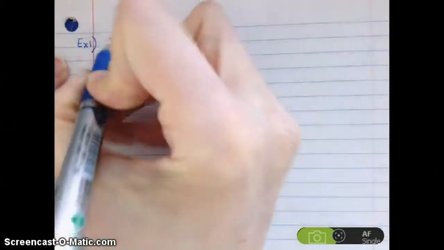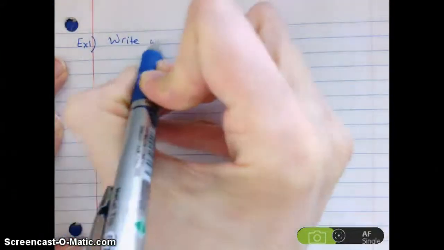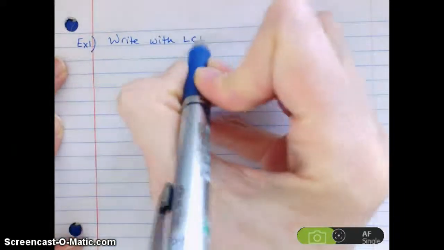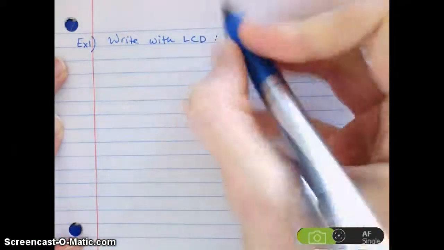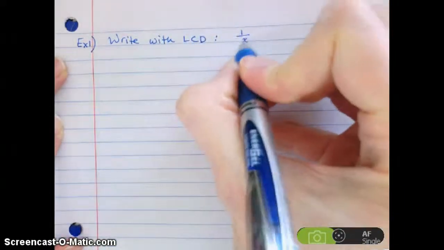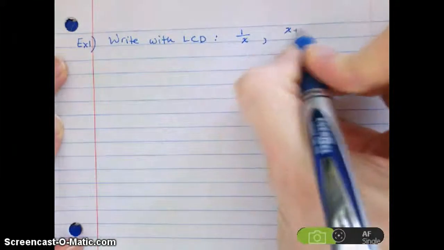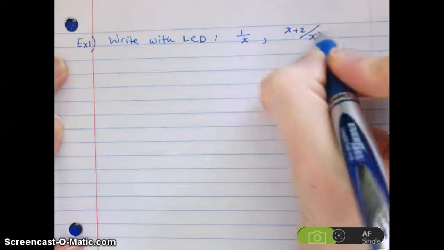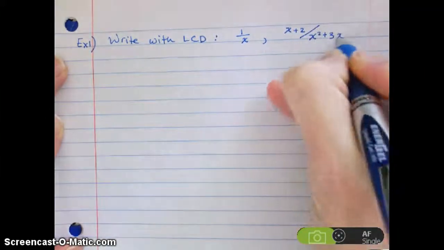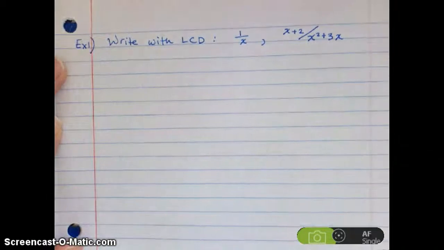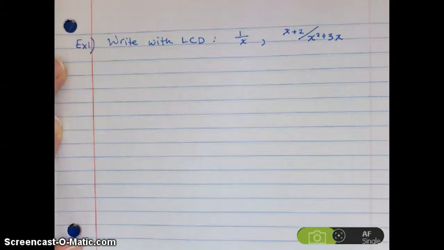So example 1, write with LCD 1 over x, x plus 2 over x squared plus 3x. My denominators are x and x squared plus 3x, and I need their LCM, least common multiple.